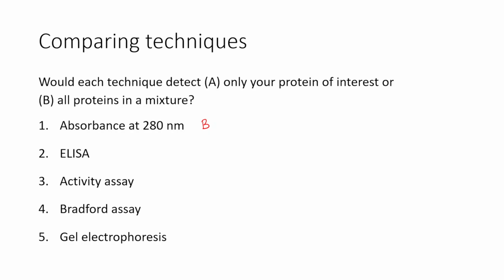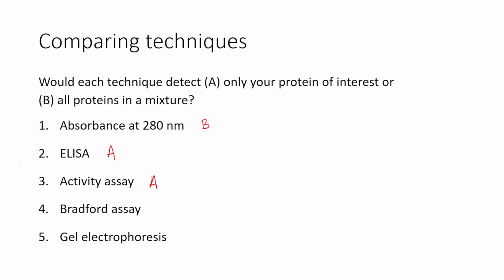So ELISA is useful for measuring your protein of interest. What about activity assay? Is it measuring any old protein or just your protein of interest? Yeah, it's just your protein of interest because you're looking at its ability to catalyze a specific reaction.